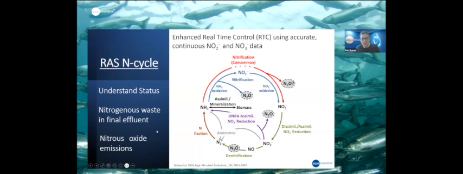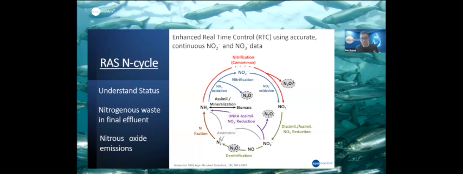In addition to that, when reducing your water, there's a potential for increasing your concentration of nitrogenous waste within the system, which can contribute to an increase in pollution levels within the final effluent. So having the real-time data assists with that. Another big area, which is quite an exciting area within the general wastewater treatment sector, is nitrous oxide emissions.